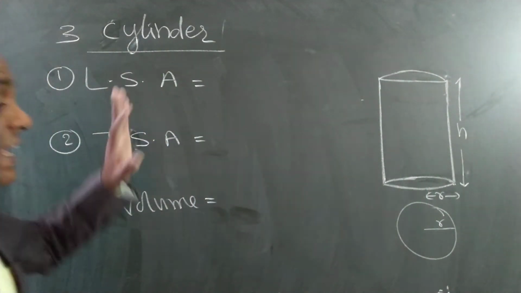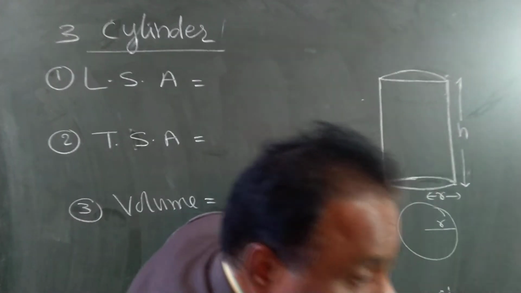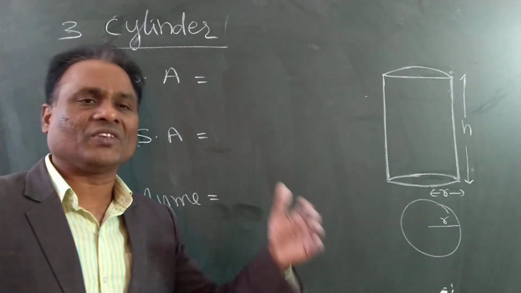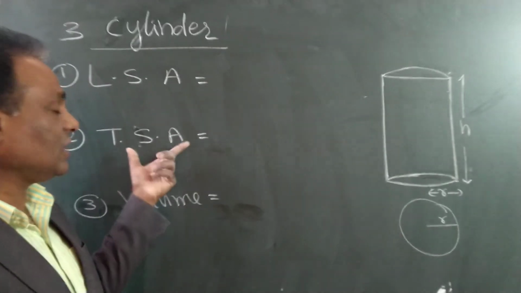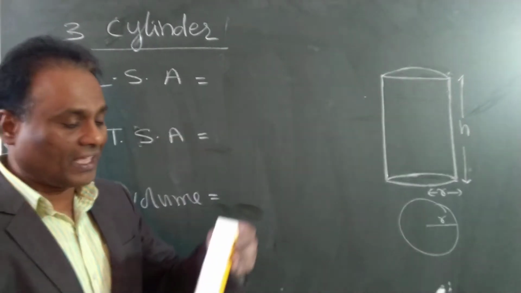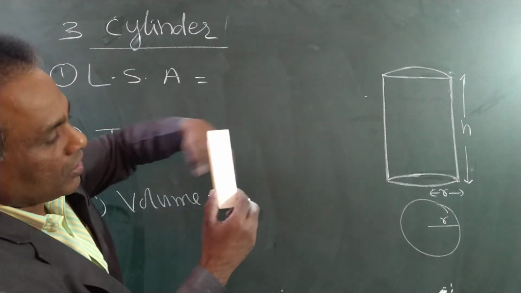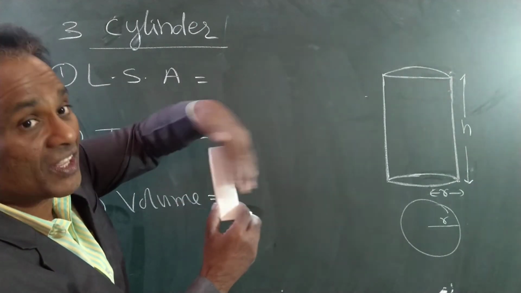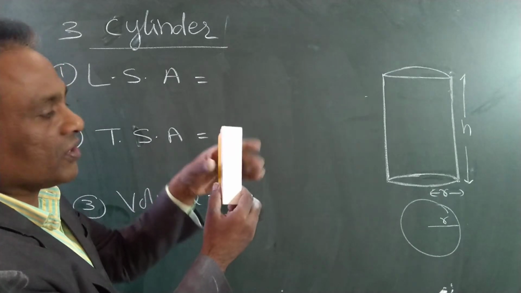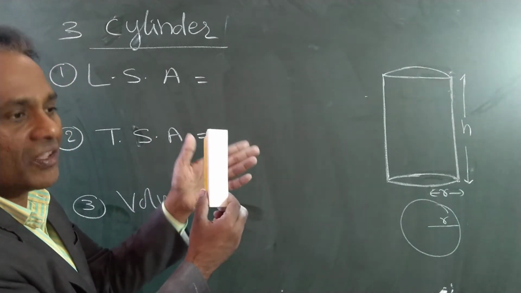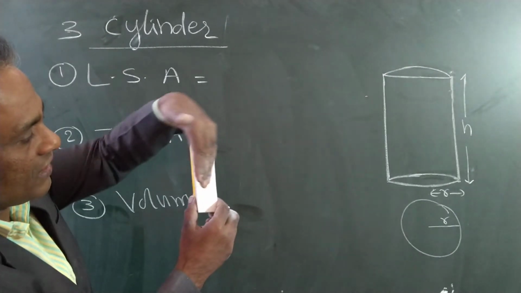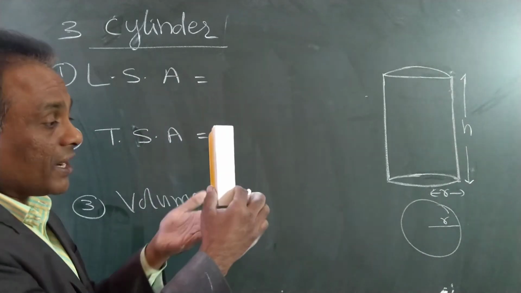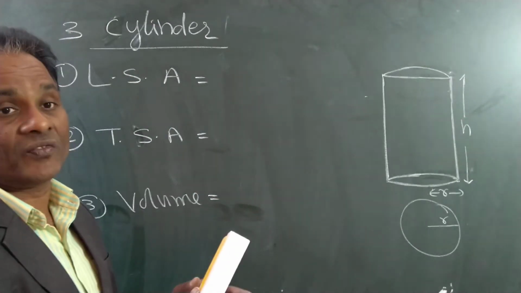See here, first you have to know the difference between the lateral surface area and total surface area. I already explained when I introduced these words for the cube and cuboid. If you see only this part, this is called lateral surface. Suppose it is a cylinder, then these portions are called lateral surface, and if you add the top and bottom, it is called total surface.